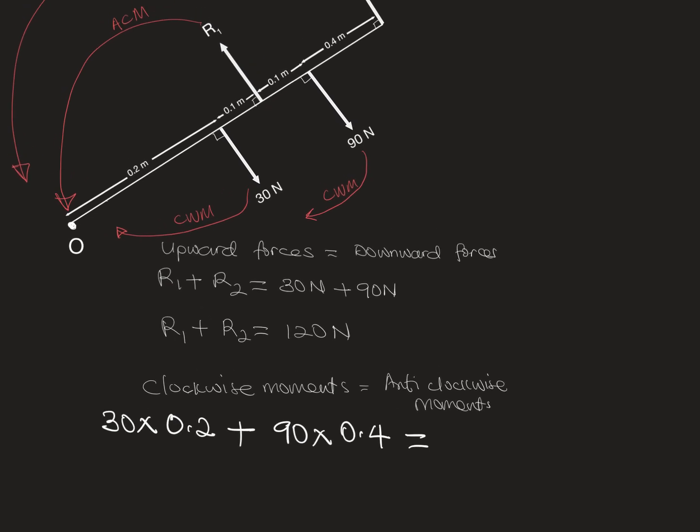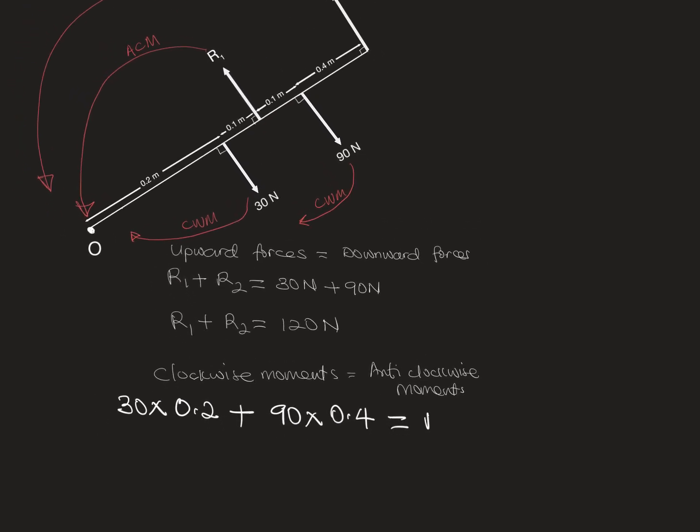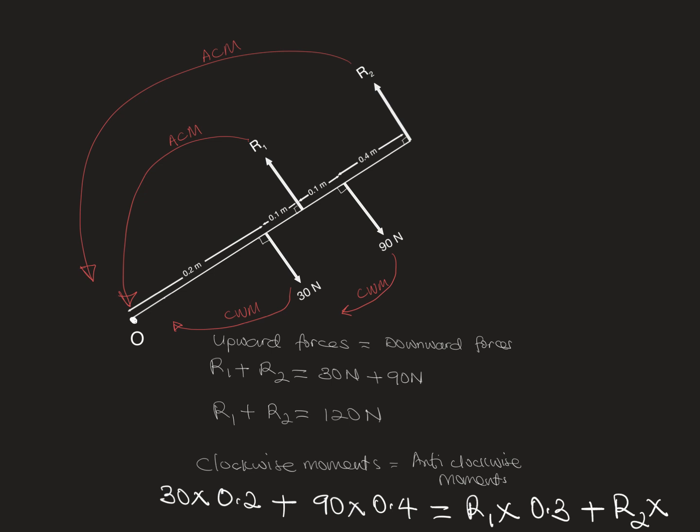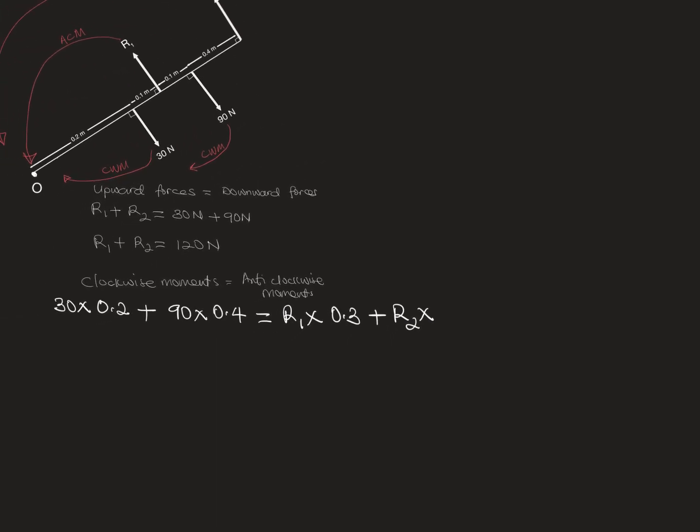This is equal to the anti-clockwise moments. We have R1 multiplied by the perpendicular distance from the reference point, which is 0.1, 0.2, so that will give you 0.3, plus R2 multiplied by its distance, which is 0.4, 0.1, 0.1, 0.2 from the reference point. That is 0.8 in total. So that will be R2 multiplied by 0.8.